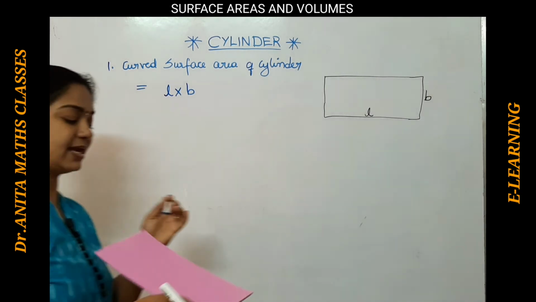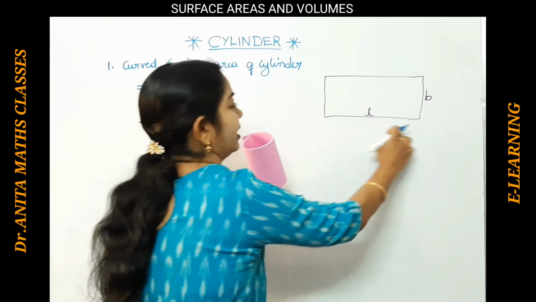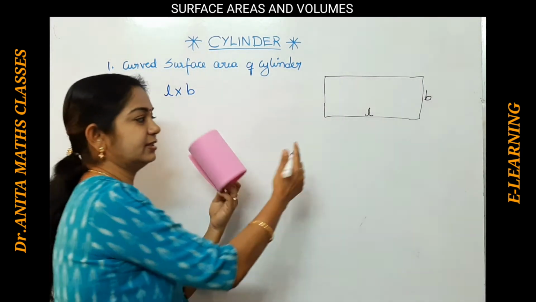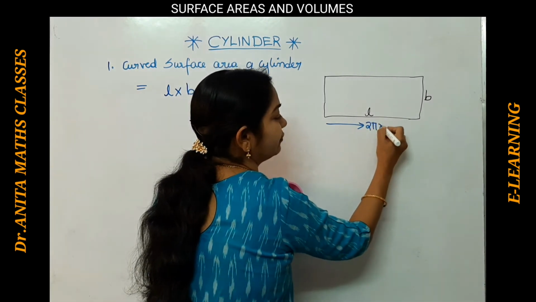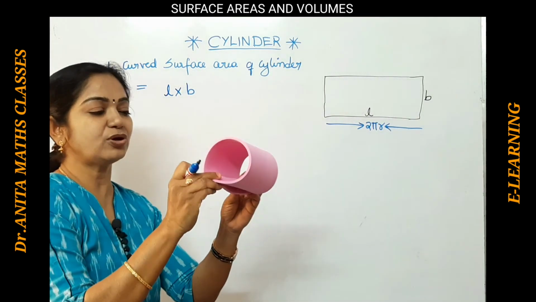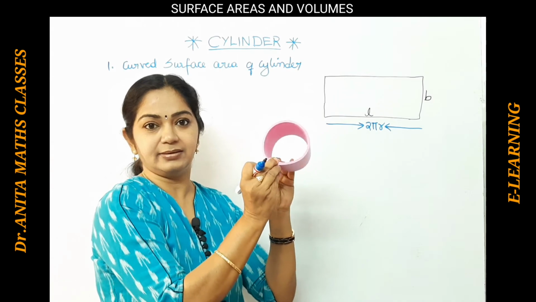Now, this L here, if I join them, it has become circular, isn't it? So the perimeter of the circle is 2 pi r. I am joining the two breadths here, so I get a circular base here.